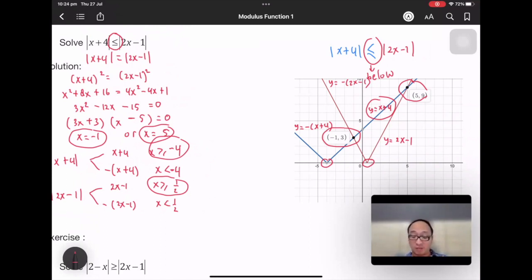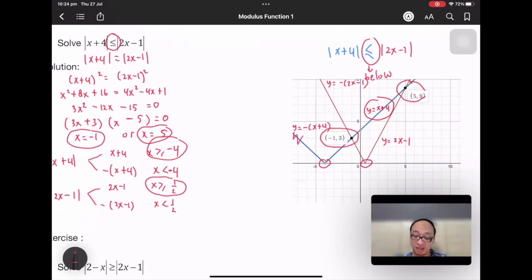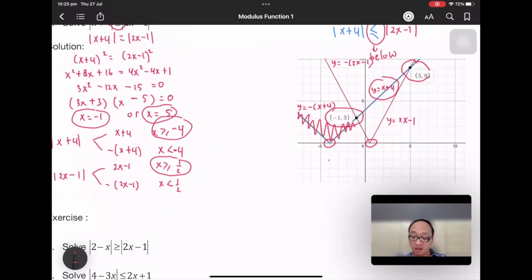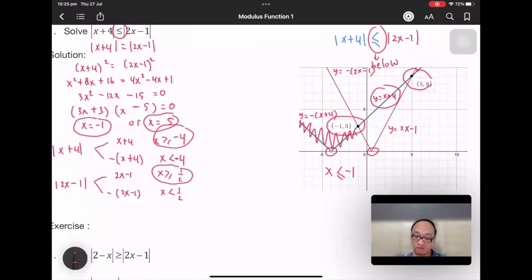The blue line is below the red line only in this region. So that means the solution should be x smaller than or equal to negative 1, because there is an equal sign there.